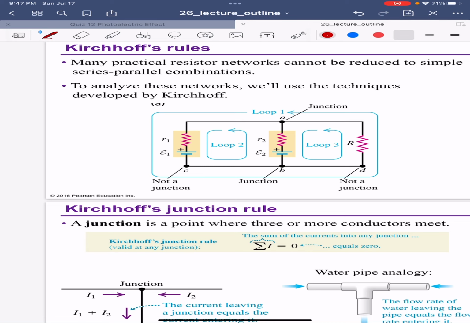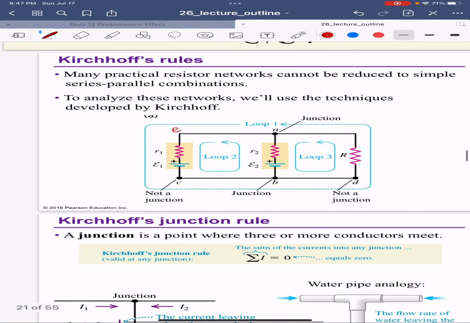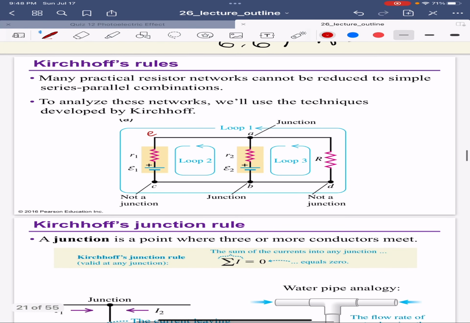Usually I will give letters here, then I can say A, let's say E, C, B, then this is how I like to do it. And then when I say I'm going to sweep the circuit, E, C, B, A, E, I'm going in this direction, which is written here.